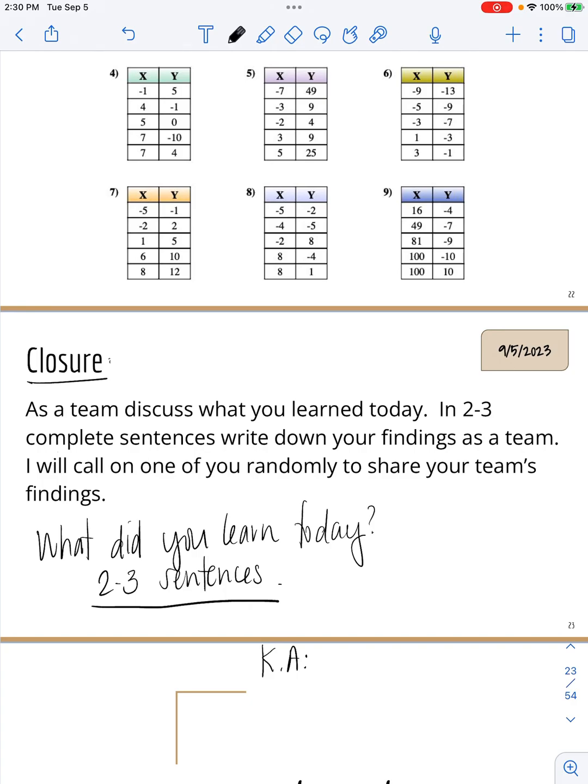It's called Recognize Functions from Tables. And that will be all for today's notes.